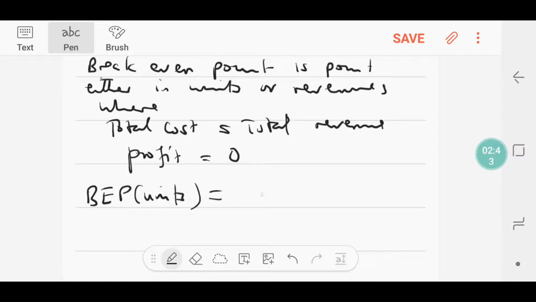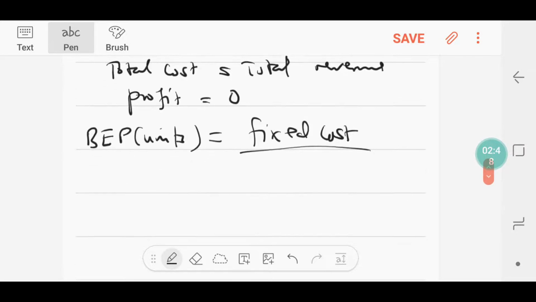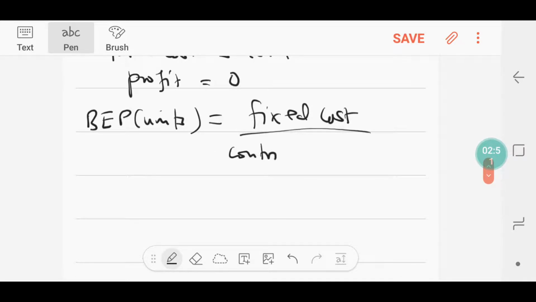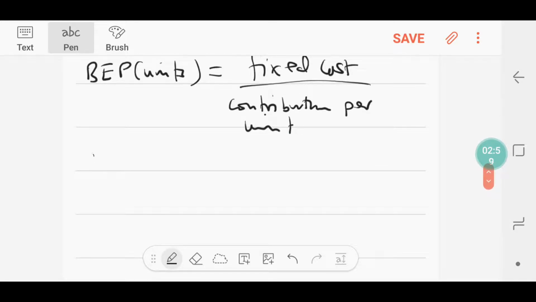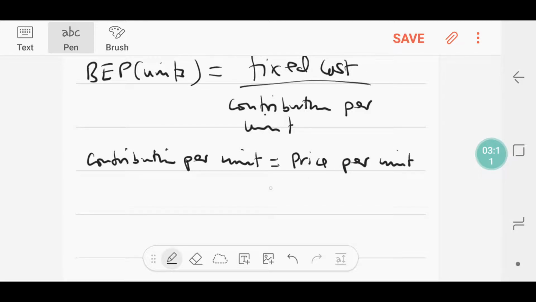The formula for calculating break-even point in units is given by: fixed cost over contribution per unit, and the contribution per unit is equal to price per unit minus variable cost per unit.